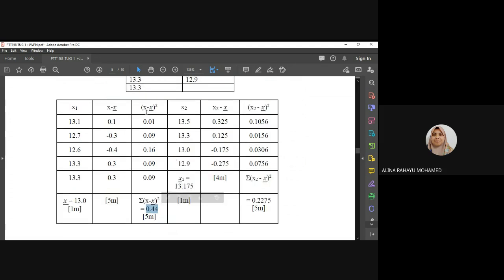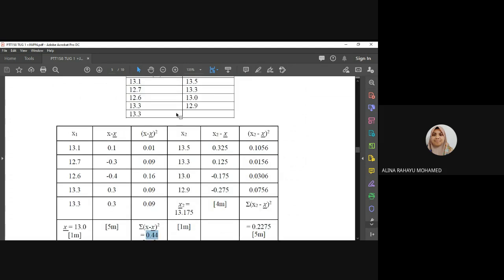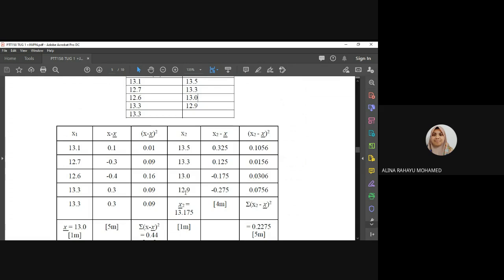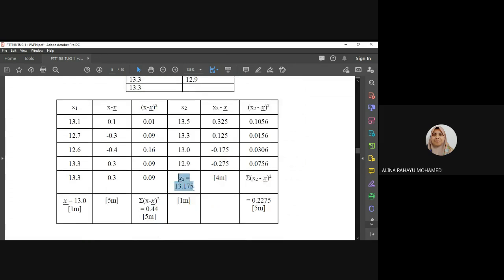Now the second, the GC method. We need to treat the GC method: write the numbers correctly, and get the mean here. From the mean, we work on getting the next column, which is x2 minus x bar.